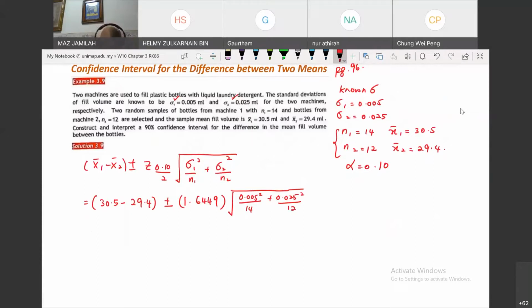Okay, so you will get here 1.1 plus minus 1.6449 multiplied with 0.0073.